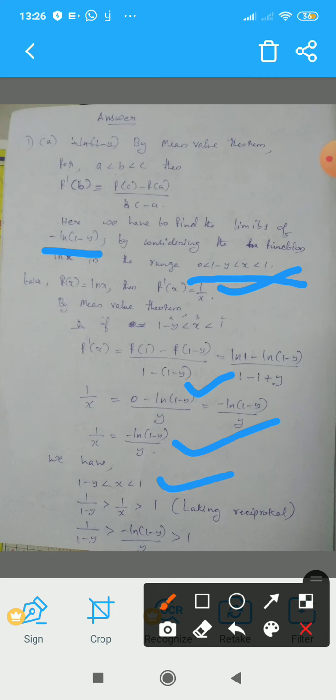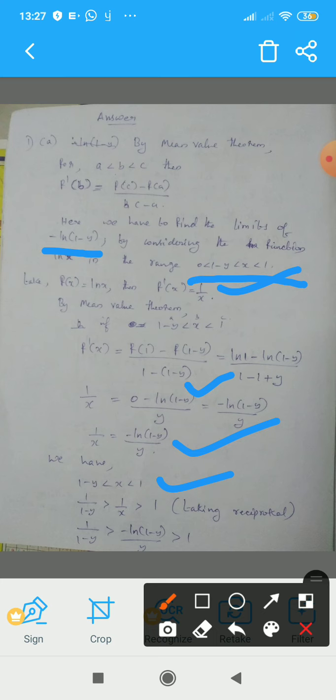So first I am going to take the reciprocal. Then we get 1 by 1 minus y. When we take the reciprocals of an inequality, the sign gets reversed, right? So less than symbol becomes greater than symbol, right? Then this inequality becomes 1 by 1 minus y greater than 1 by x greater than 1, right?